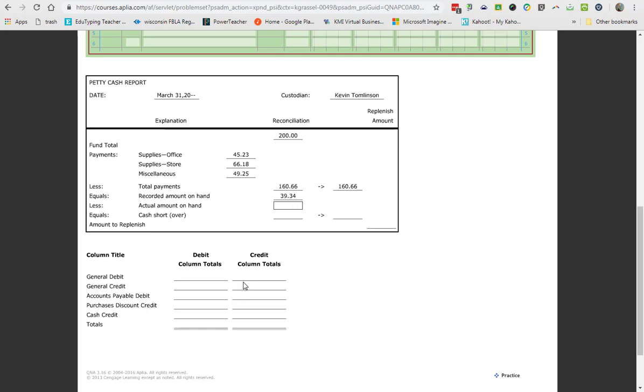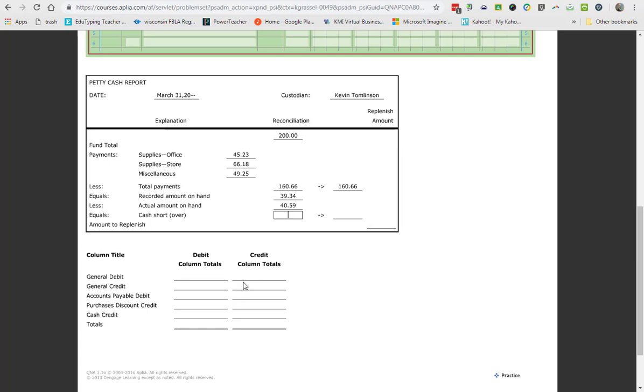So, what should we have left over in our cash box? $39.34. What do we actually have left over? Are we over or short? We are over. Would you agree? Because look at what we actually have on hand is bigger than what it's supposed to be.